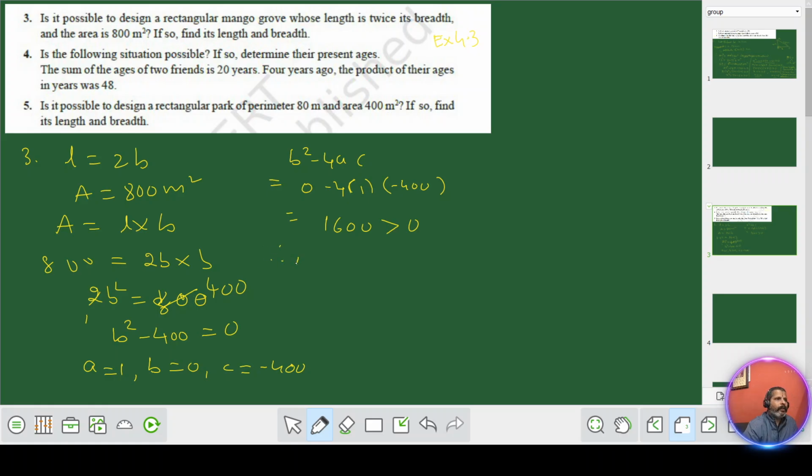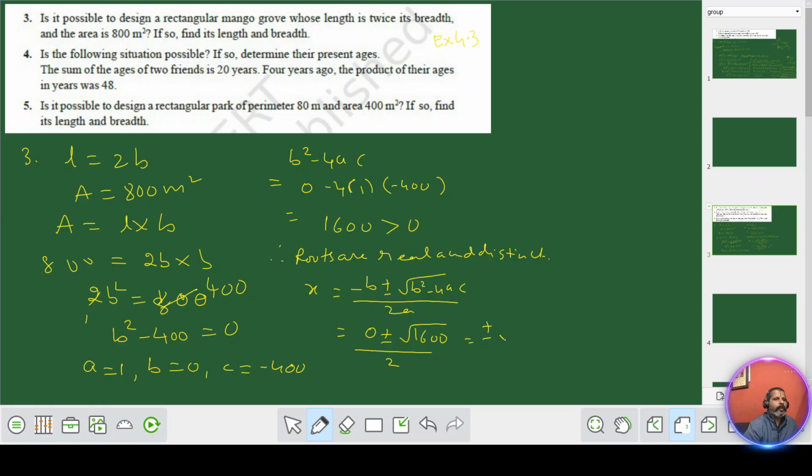So since b square minus 4ac is greater than 0, we can find the roots. Therefore, roots are real and distinct. So we can go ahead. What are the roots here? x equal to minus b plus or minus square root of b square minus 4ac by 2a. b is 0 plus or minus square root of b square minus 4ac, we found it 1600, by 2 into a, a is 1, so 2.